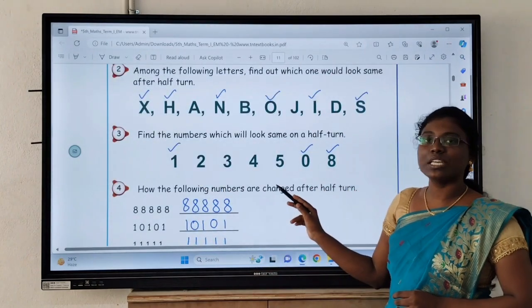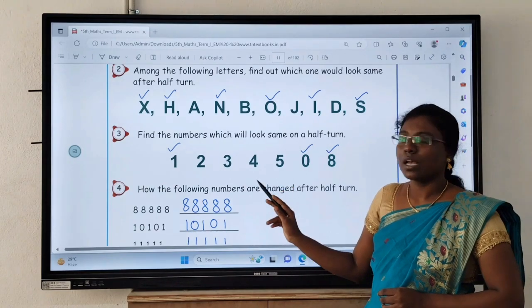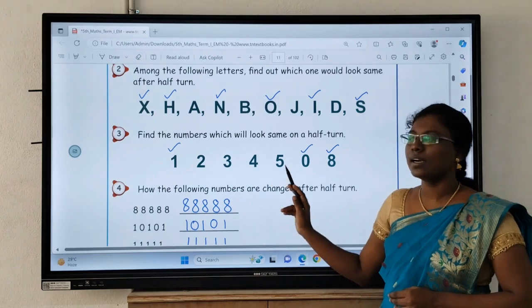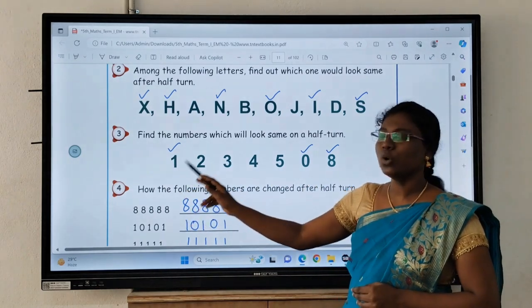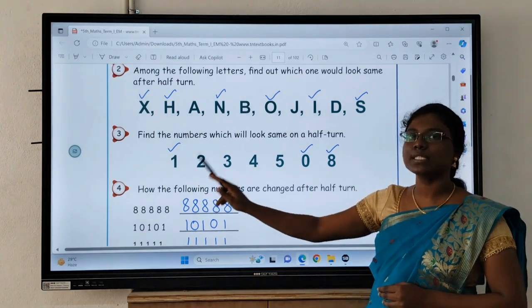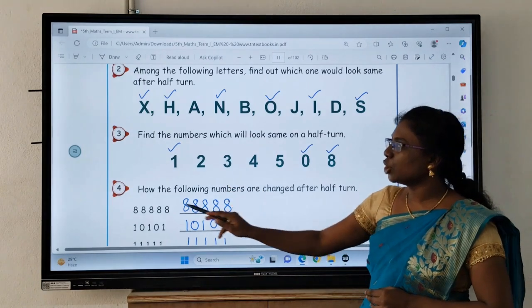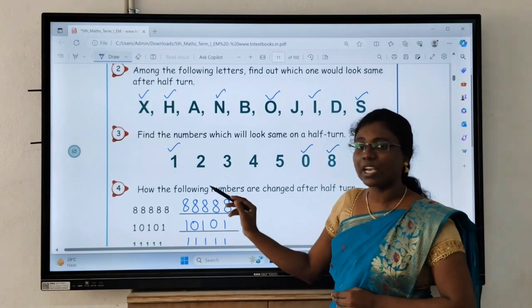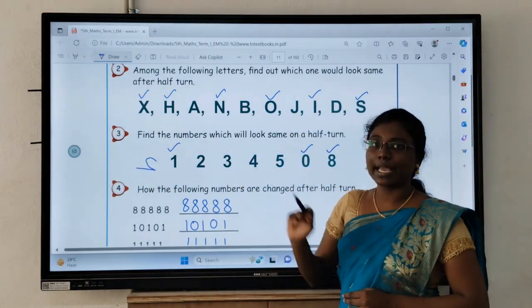Here the third question is numbers. They are given numbers. Here you have to half turn the numbers. First, 1 is given. If you turn the 1, it will be the same. Next number 2. If I turn the 2, it will not remain the same, because it will look like the opposite side.